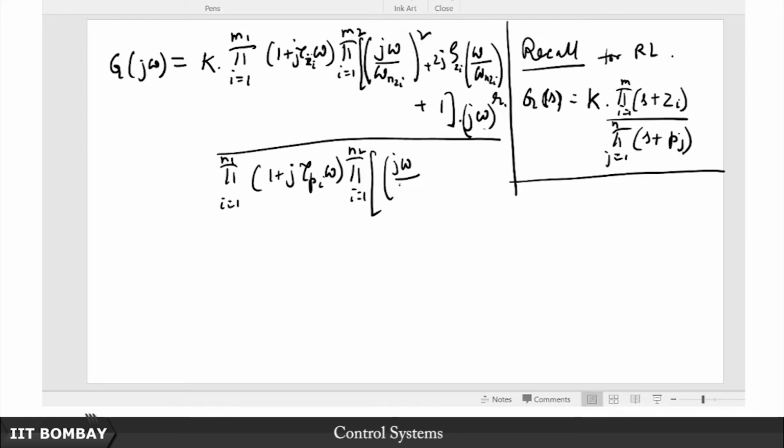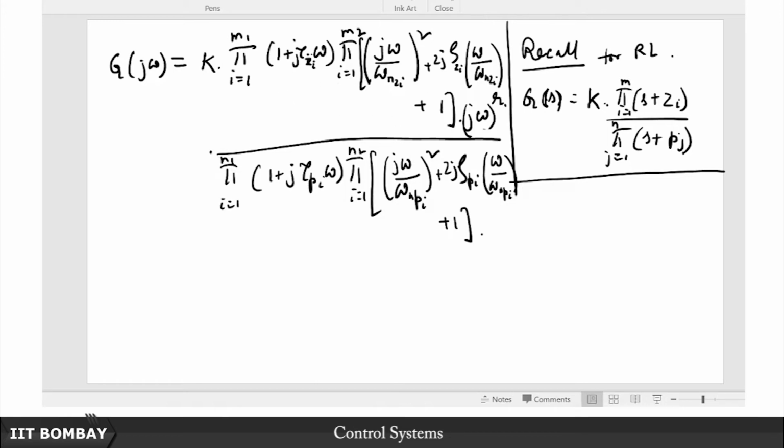So j omega upon omega n pi, omega n pi squared plus 2 j zeta pi omega over omega n pi plus 1. So this is the typical form. Of course, you can also consider some irrational parts like e to the j omega t, but we will consider them later separately. For now we will just bother ourselves with rational transfer functions such as this.